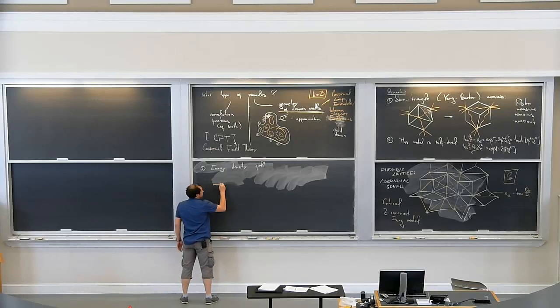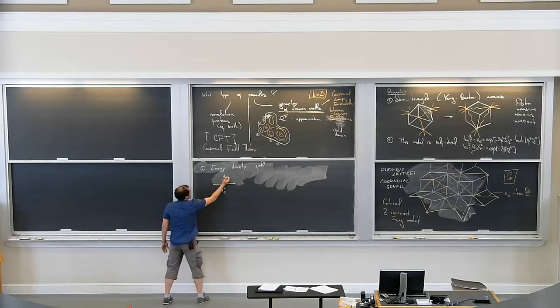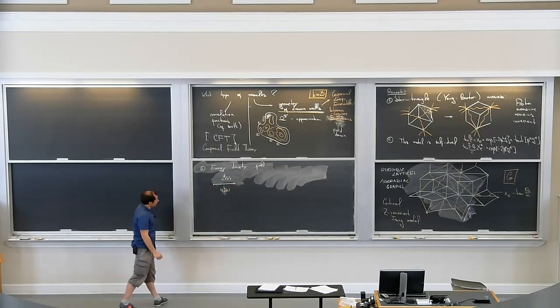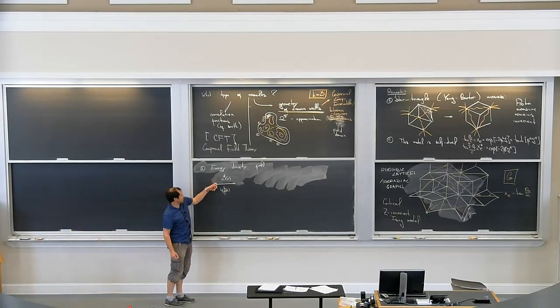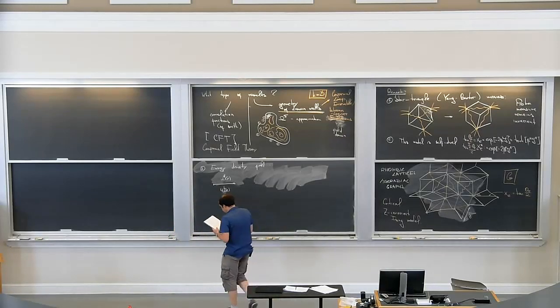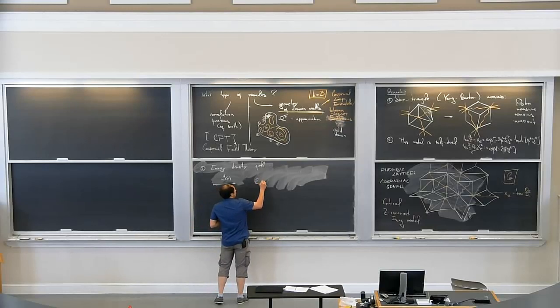Given an edge, like that, I have 2 faces. So I have 2 spins assigned to the upper face and to the lower face. And then I need some slightly non-standard normalization. This is just a definition.